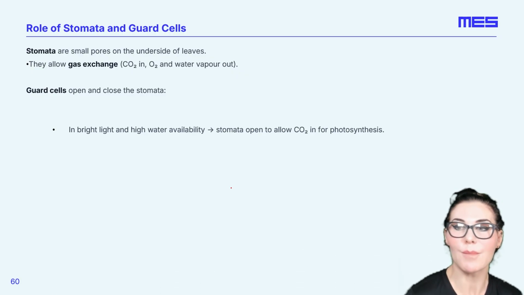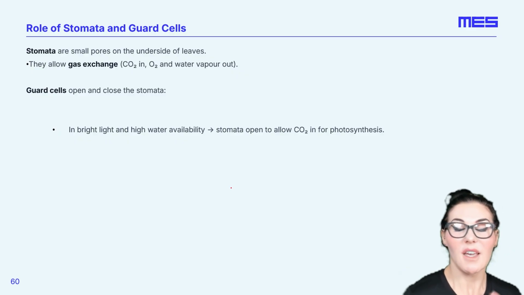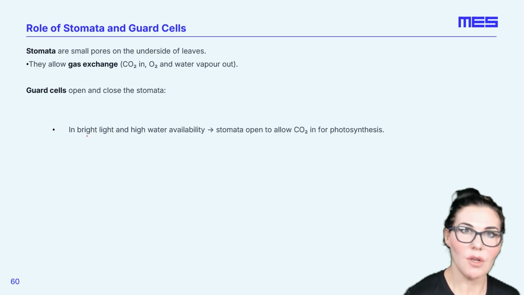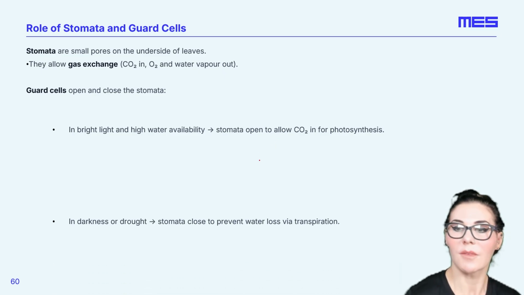That would typically be in very, very hot environmental conditions, in the middle of a hot summer's day, for example. But most of the time, in normal bright light conditions, and as long as there's lots of water available, the stomata will be nice and wide open, allowing carbon dioxide to enter the plant for photosynthesis. In the darkness or in drought, the stomata will be closed down to reduce the chance of too much water loss through the leaf surface.